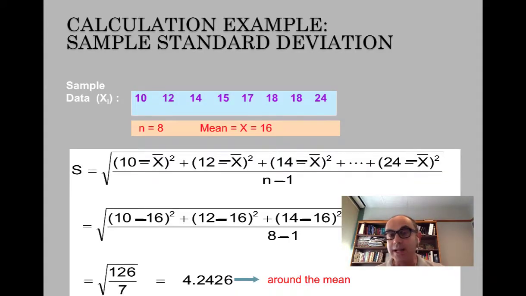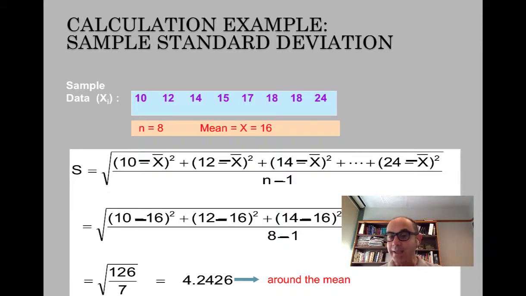So let's take a simple example of standard deviation. We have a set of data, we have the number of observations, and we have the mean, in this case equal to 16. This is what we do: we take each single value, subtract the mean, and square it, plus the next value, 12 minus 16, squared. We add them together and divide by 8 minus 1.